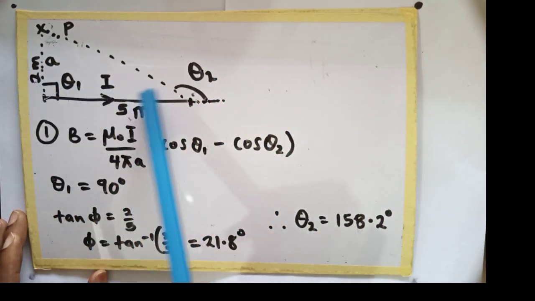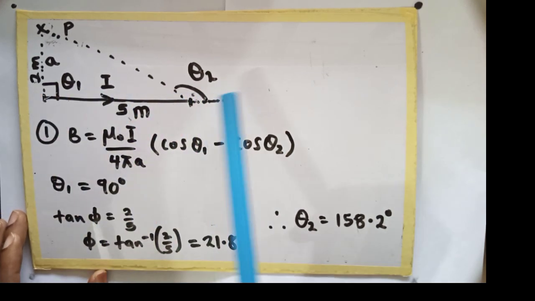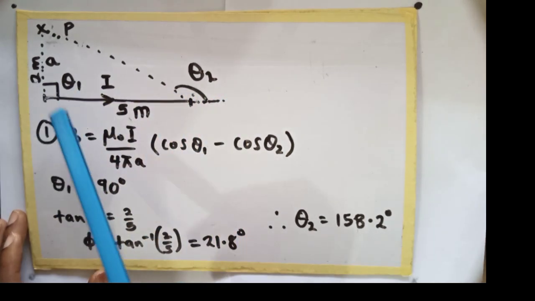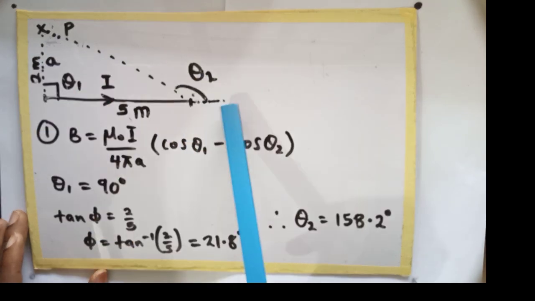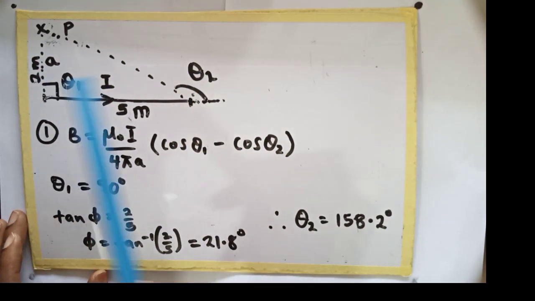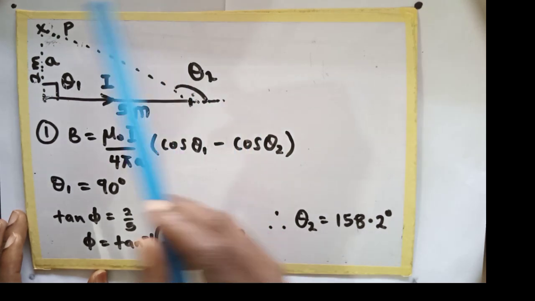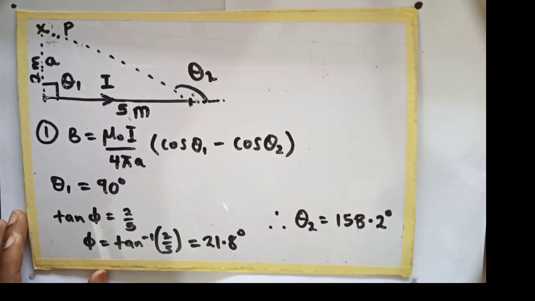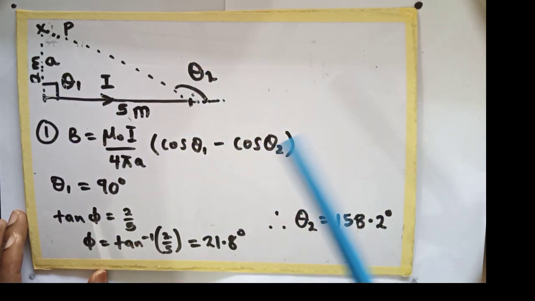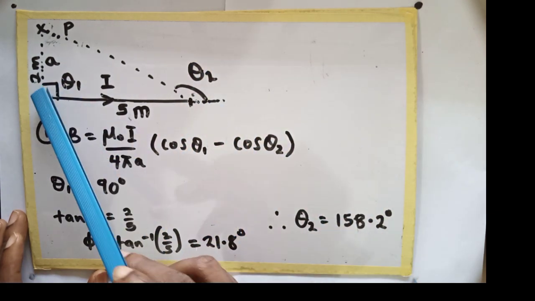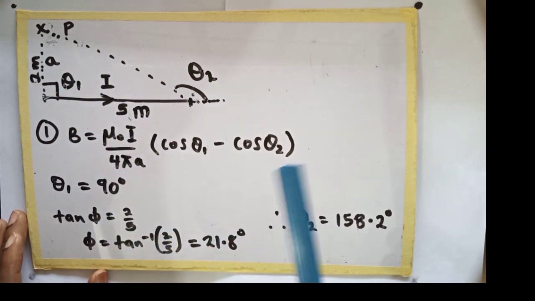Once you do that, the next thing is to check the arrow of the direction of the flow of current. It's going this way. So the current will leave this angle behind, and it will also leave this one behind. So this one will now be our theta 1, and this one will be our theta 2. At the end of the day, once we know the values of theta 1 and theta 2, we substitute them inside here. Our theta 1 is 90 degrees, no doubt about that.